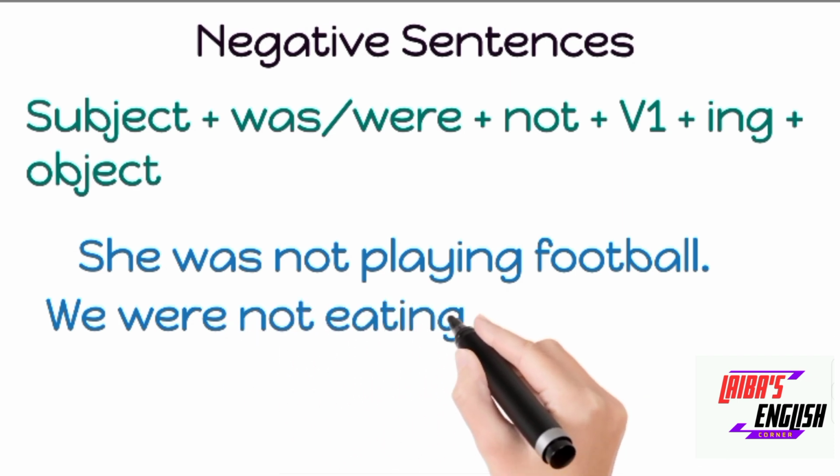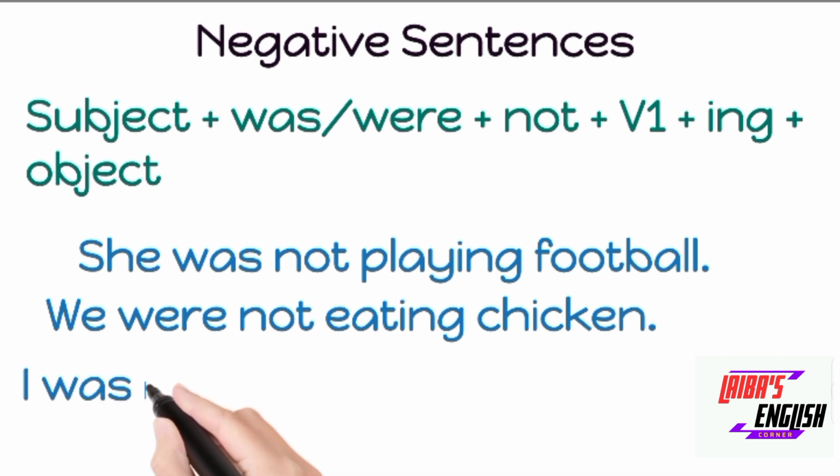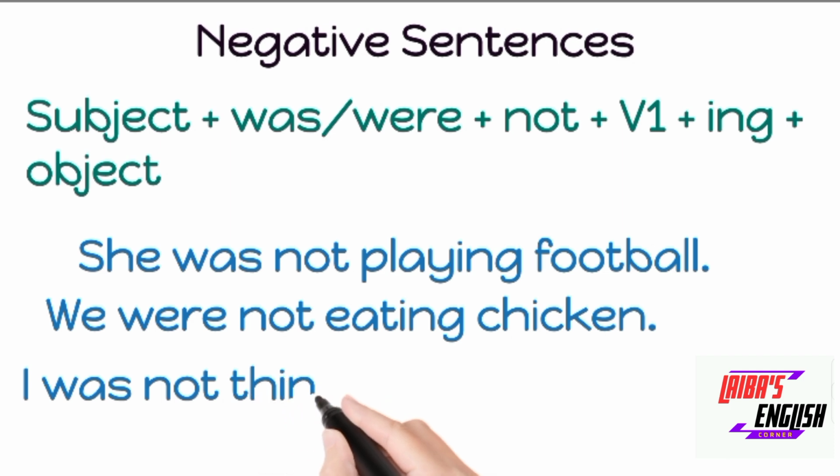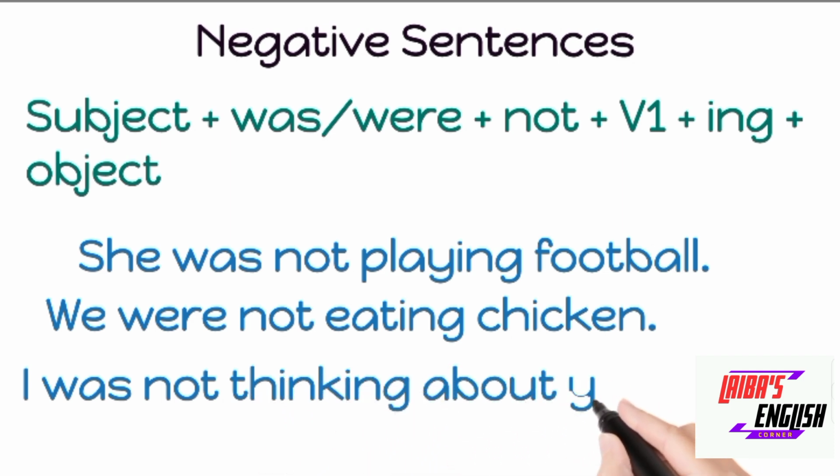Second example is we were not eating chicken. So we is a subject. We will use were here because we is plural. Not because it is a negative sentence. Eat is the first form plus ing, eating chicken is an object. Third example is I was not thinking about you. I is a subject.